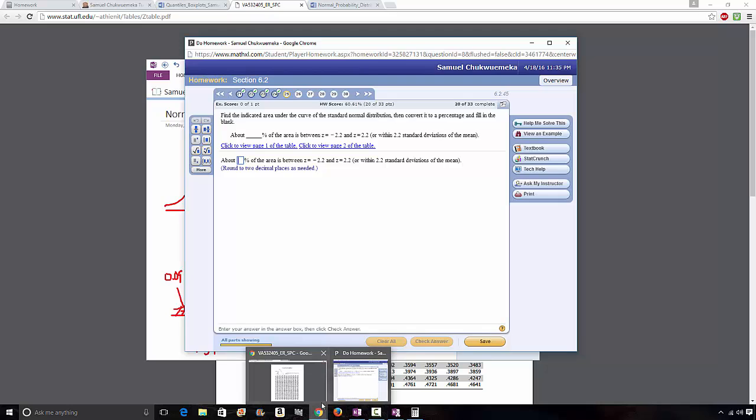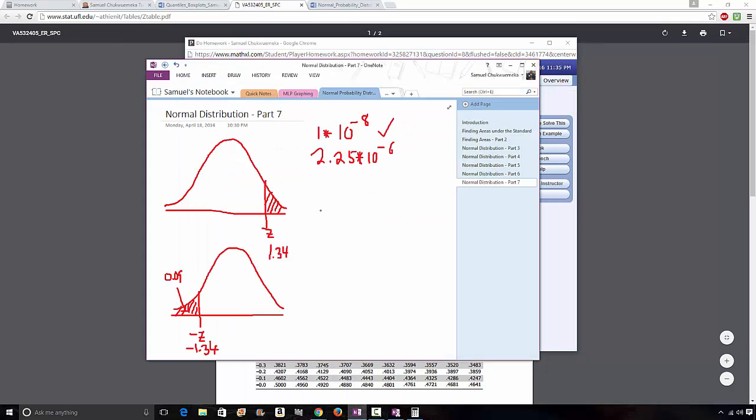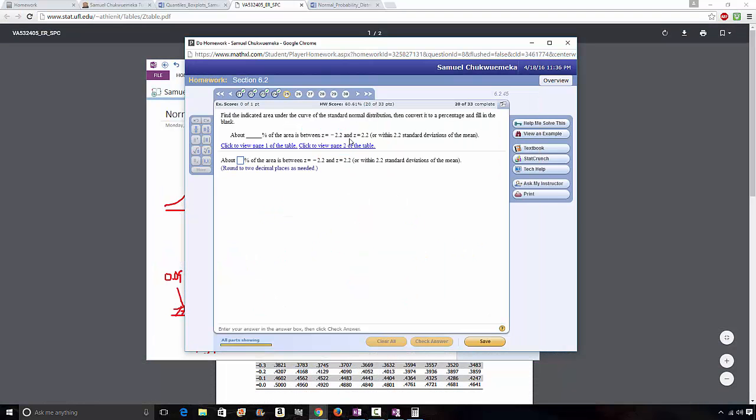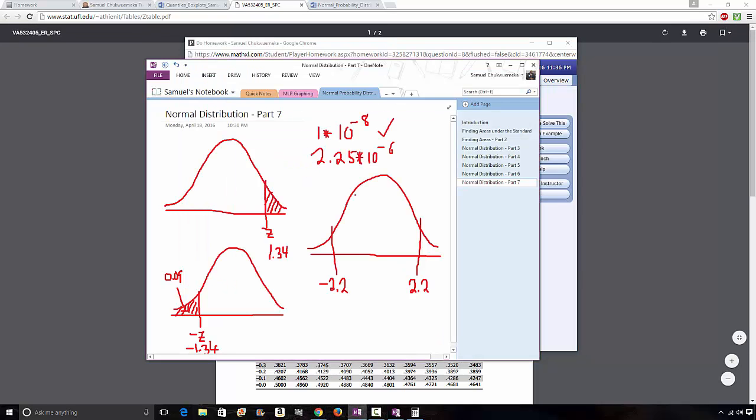We find the z-score of negative 2.2 and the z-score of 2.2. This is what they are asking us about: what percent of the area is between.